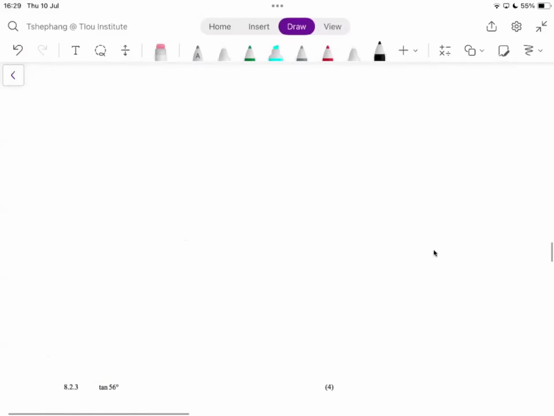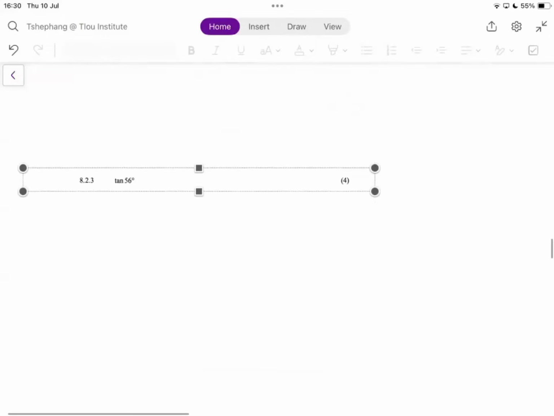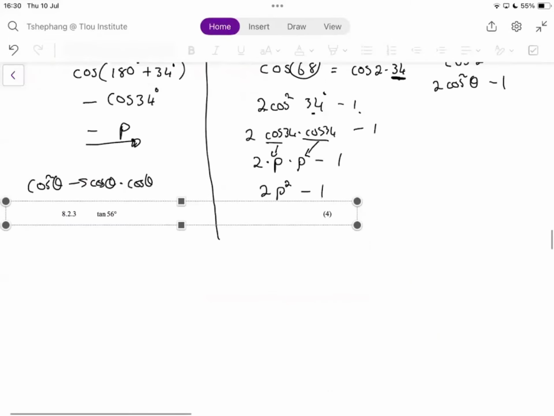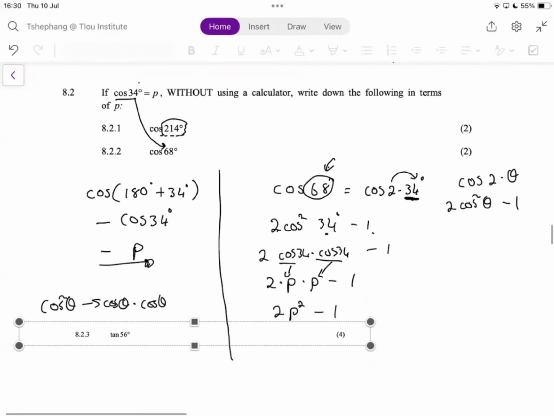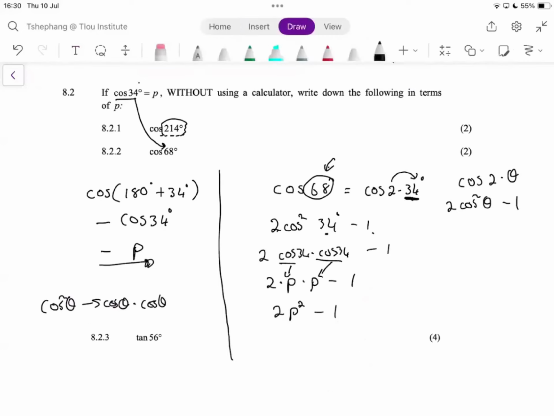Now the next question is, they're looking for tan of 56 degrees. Let me just move this up so we can clearly see. Tan of 56 degrees. It shouldn't be too much for us to do.